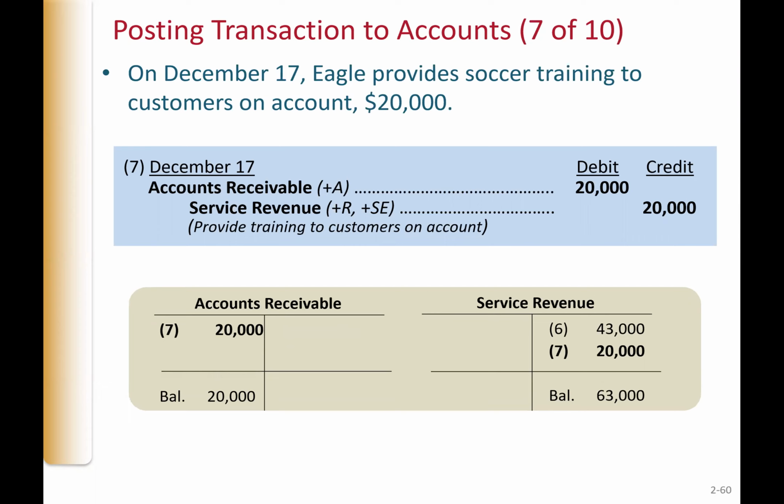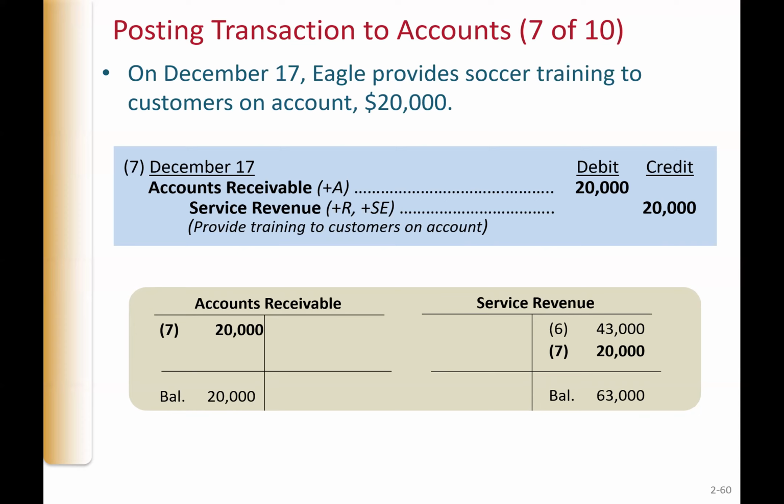On December 17th, Eagle provides soccer training to customers on account. So remember, we didn't get the cash. We're due the cash, which makes it an accounts receivable. And if you look at your notes, accounts receivable is an asset. We will debit our accounts receivable asset.